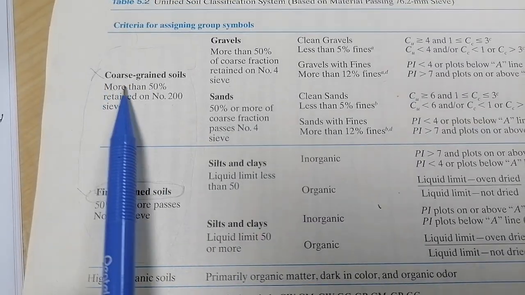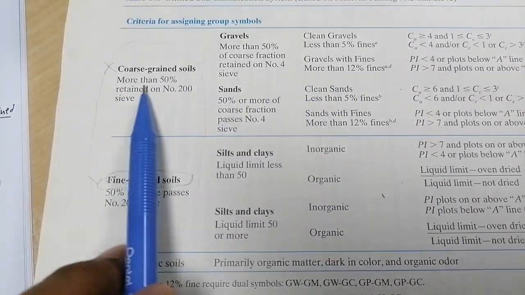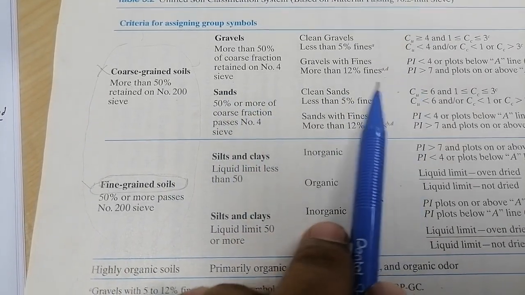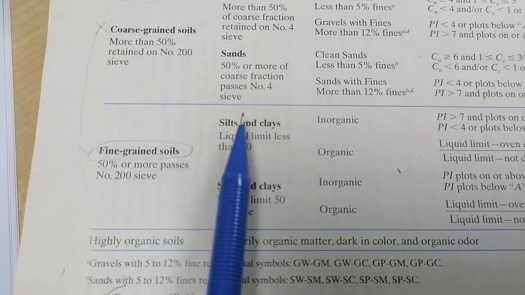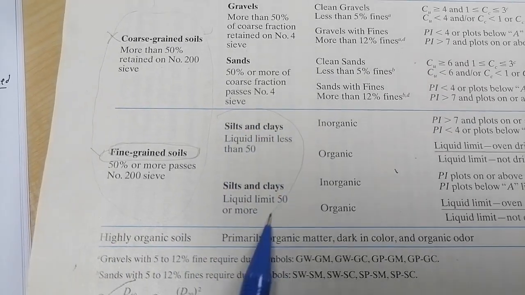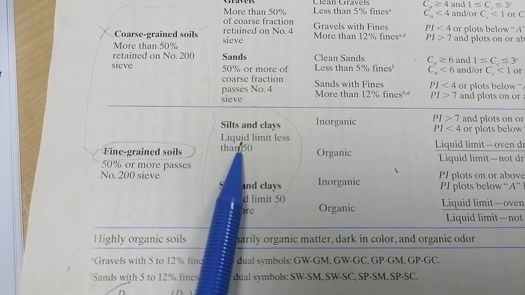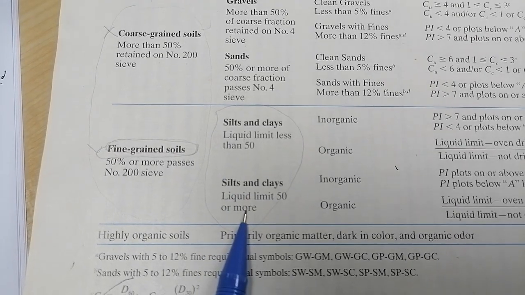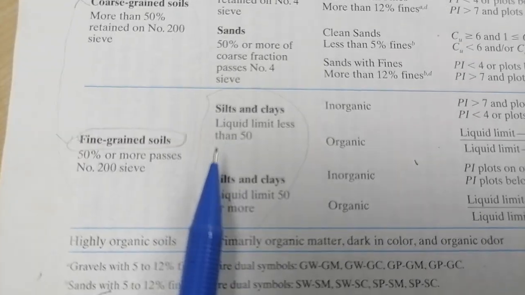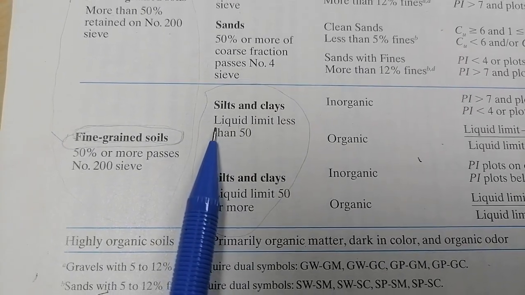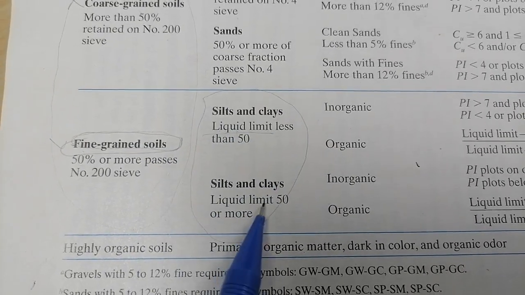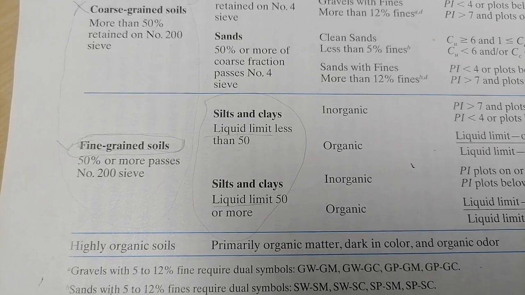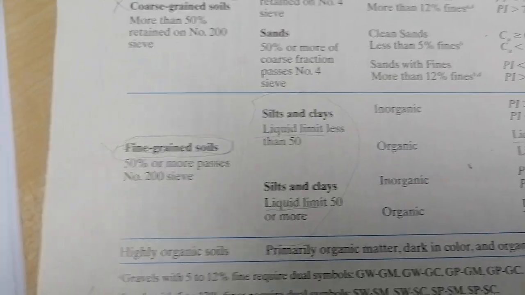So now you don't have to bother about this anymore. Dah tak payah tengok atas ni sebab kategori soil kita bukan di sini. Kategori kita di sini. So now we have to focus here. Is it the top one or the bottom one? Okay, as I said just now, you have to read the requirement. Sekarang dia nak tengok value liquid limit, isn't it? So what is the value of our liquid limit again?